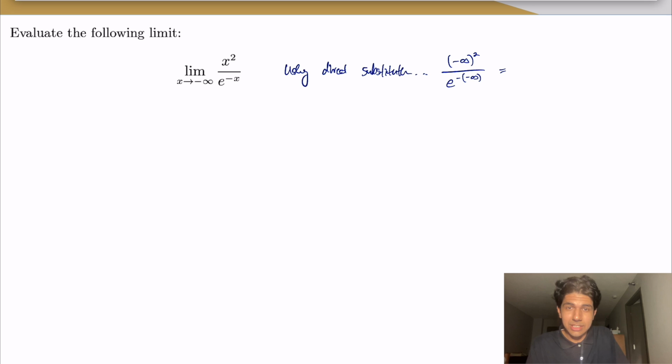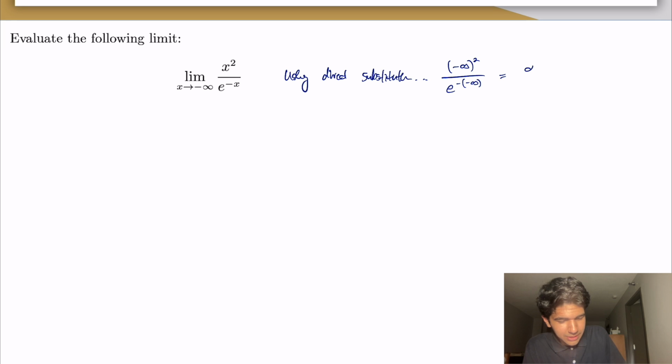Negative infinity squared is basically just infinity, and in the denominator, e to the negative infinity is e to the infinity, and e to the infinity is simply just going to be infinity. So we have an infinity over infinity, which means we should use L'Hopital's rule.